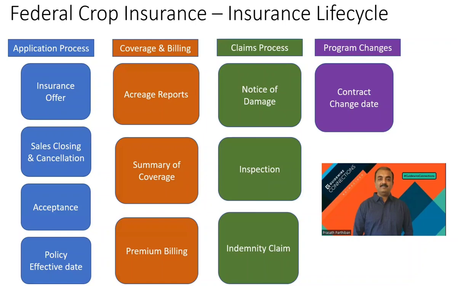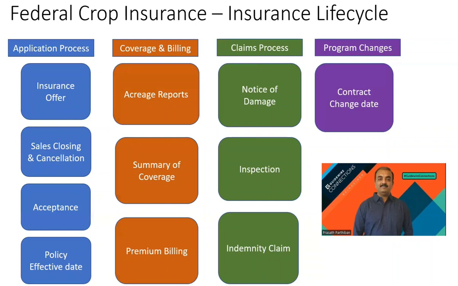After the inspection is done, if the loss is legitimate, the insurance company is going to make a claim payment. That is what we call an indemnity claim. During the claim payment, if there is any pending balance from the premium or administration fees, they will hold those, and the remaining claim payment will be made to the insured or the customer.